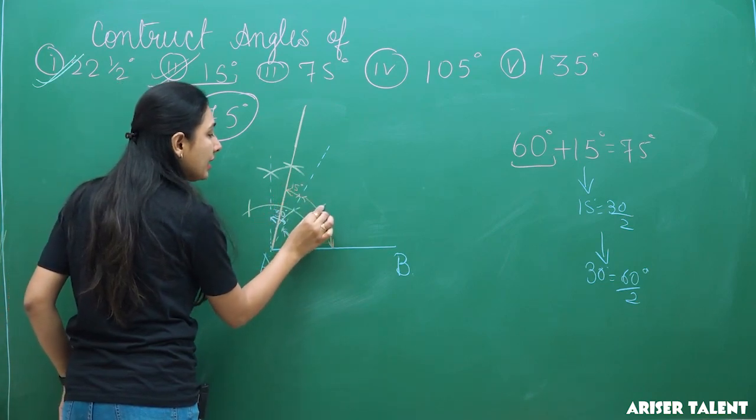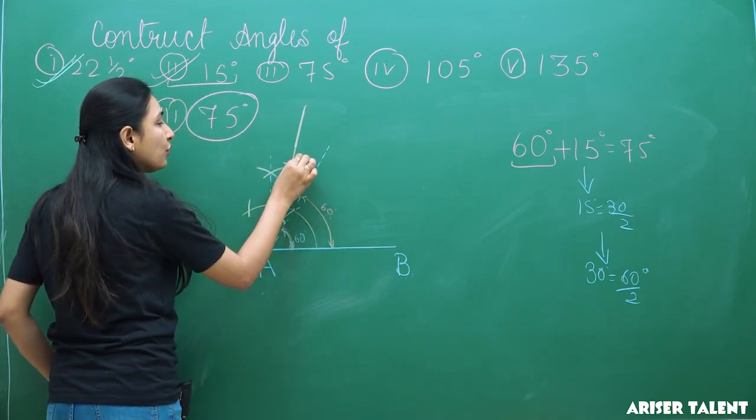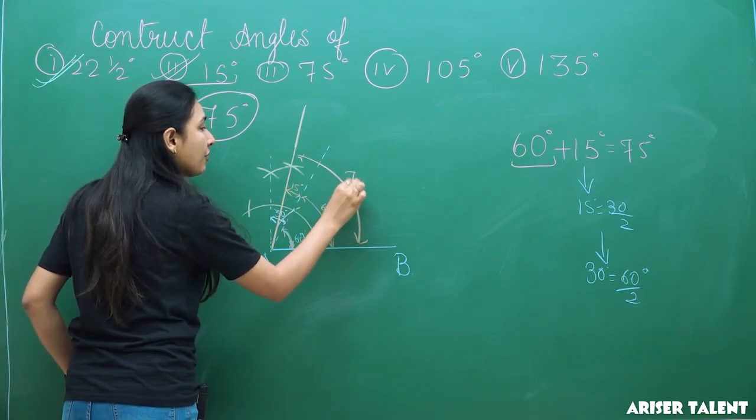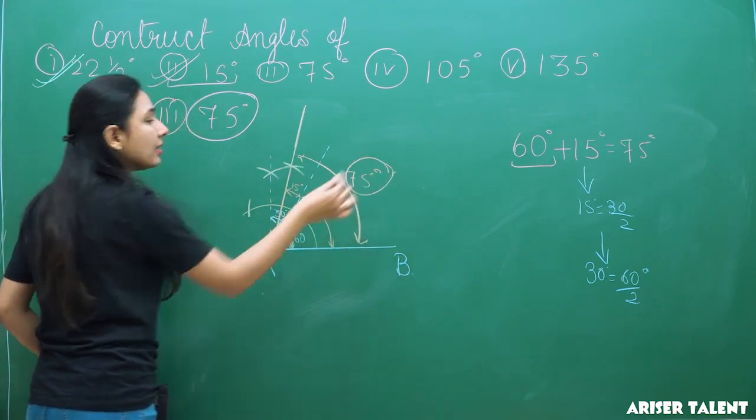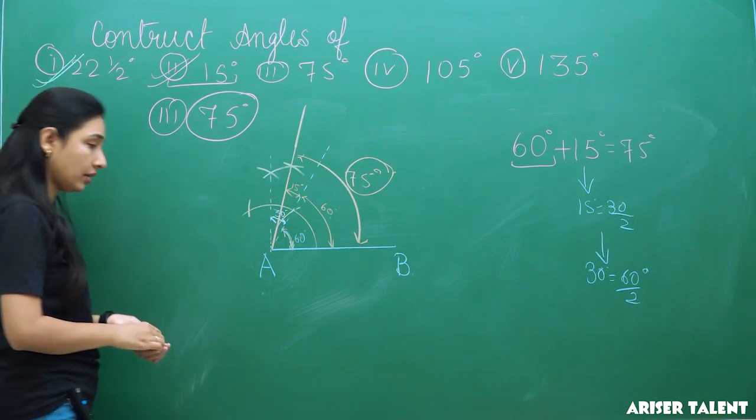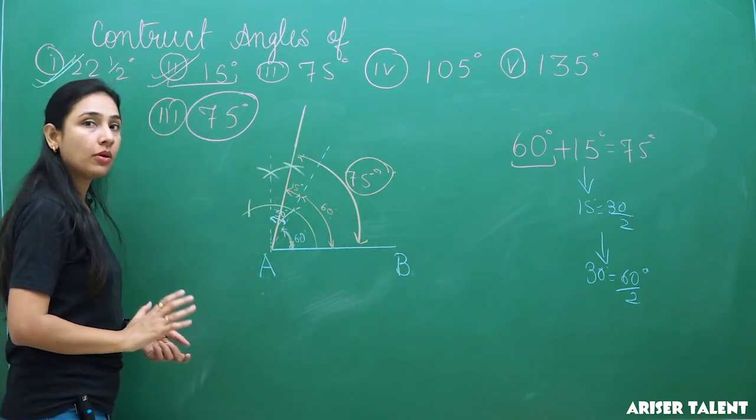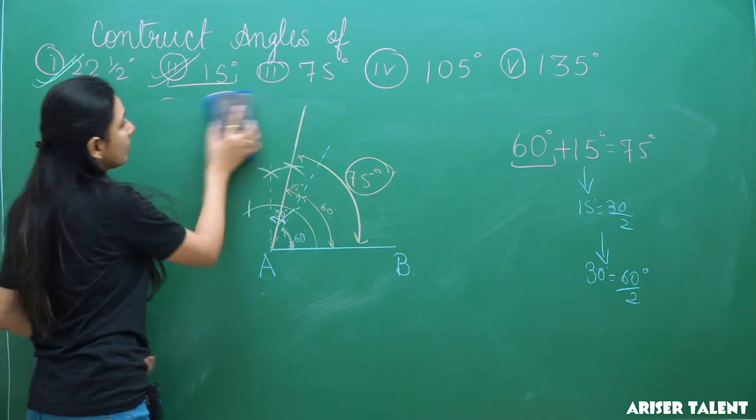So this is 15 degree and this is 60 degree. What is 60 plus 15 is equals to 75 degree. So basically this is the construction of 75 degree, okay, understood about this thing? Alright.